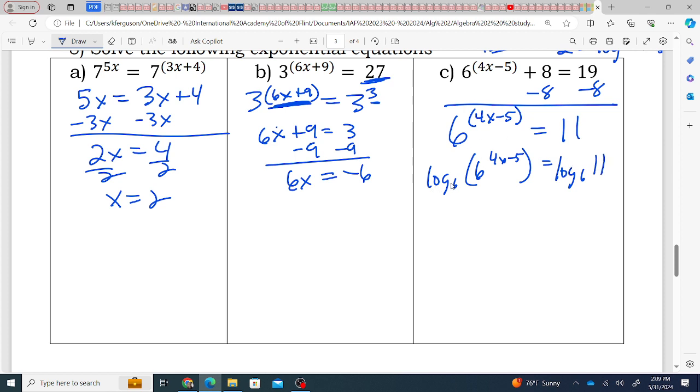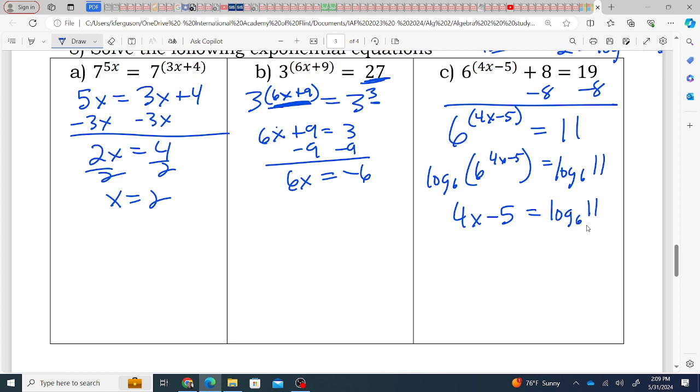So now the log base 6 and the 6 exponent cancel each other out. So I'm going to have 4x minus 5 on the left side, and on the right side, I'm just going to have the log base 6 of 11.